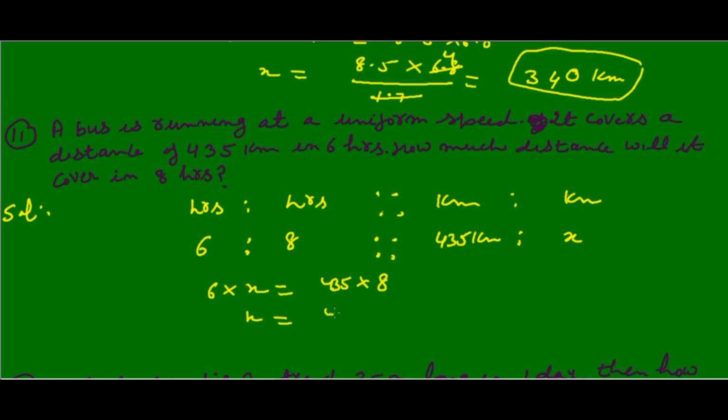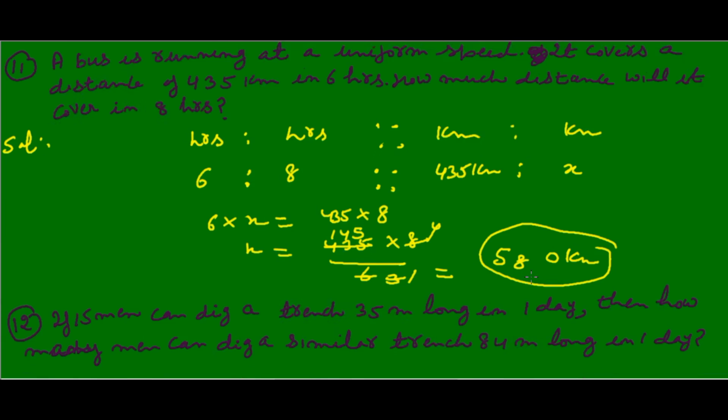So x would be 435 multiplied by 8 upon 6. Dividing, we get 145 multiplied by 4, which gives 580 kilometer. No need to panic, this is your answer.